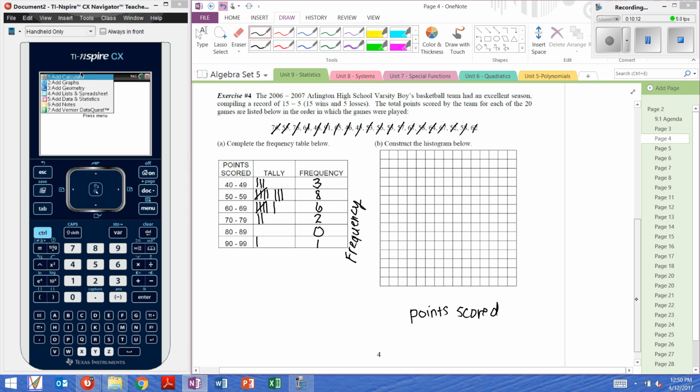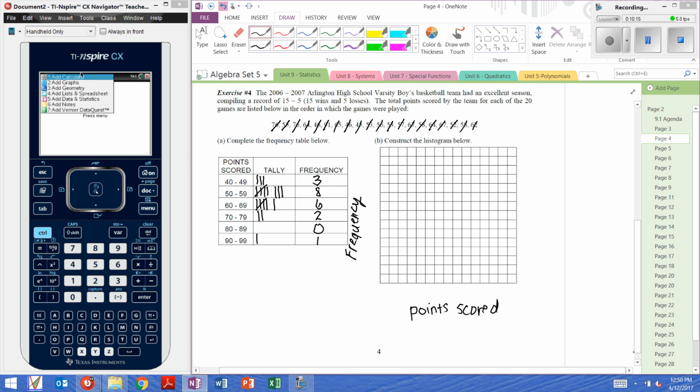And what is happening here? Let's just say basketball team. They didn't give us much space. I'll squeeze it in up here. Maybe we should say the high school Arlington. We could also say boys, whatever.